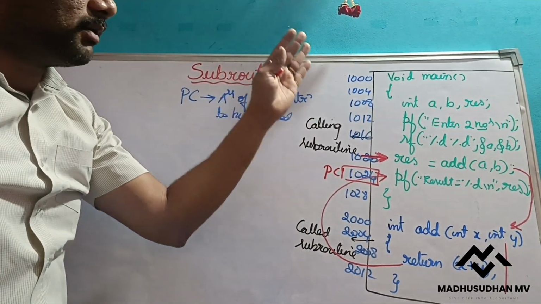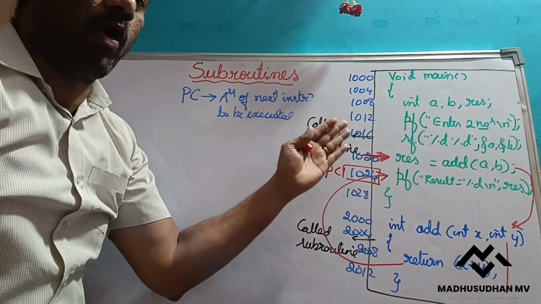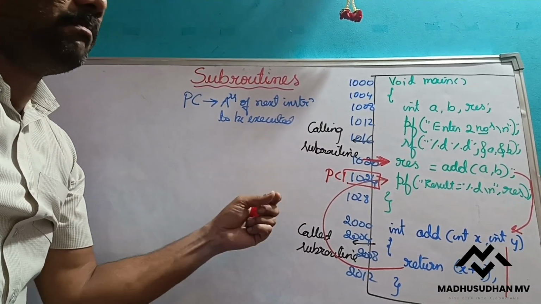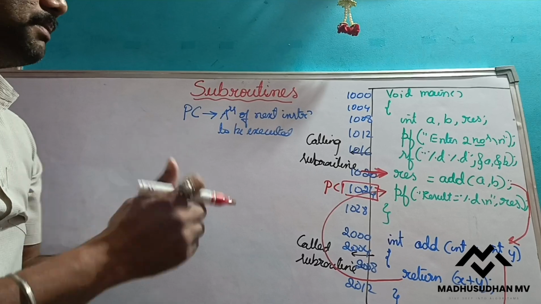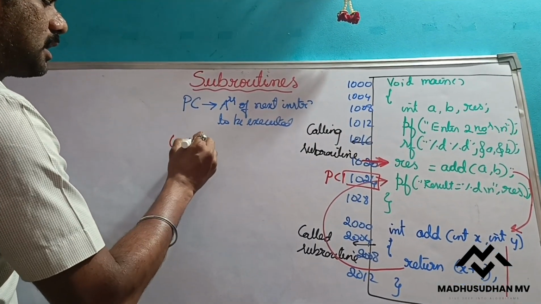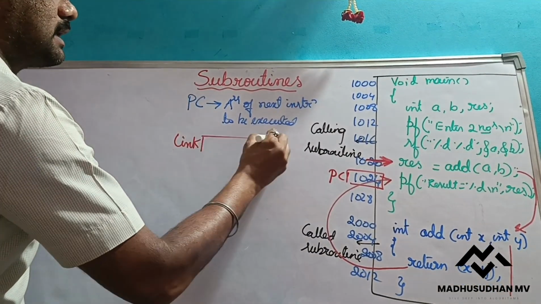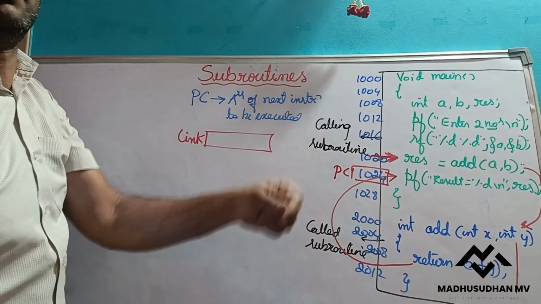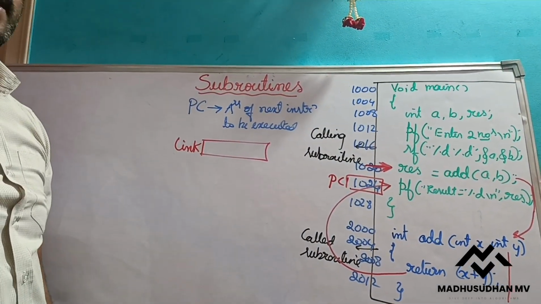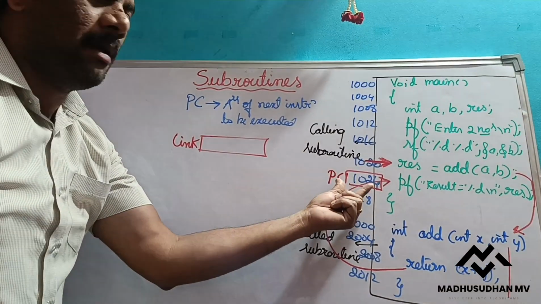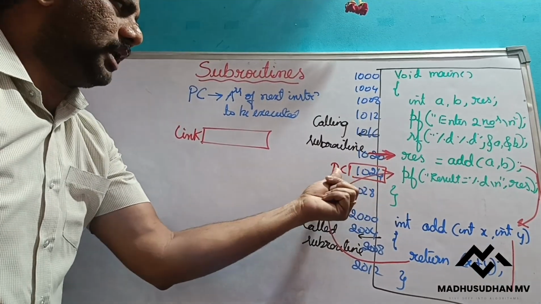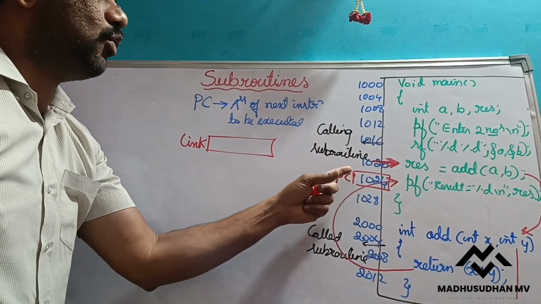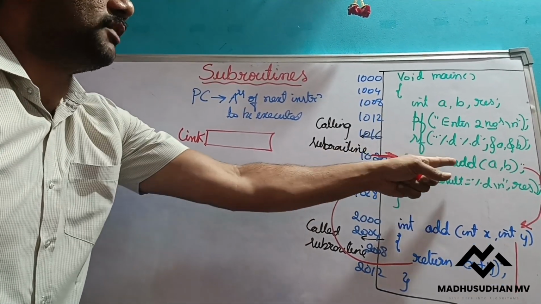Now, whenever a subroutine calls another subroutine, the content of the program counter will be stored in one special purpose register called the link register. Again, this is a special purpose register. It makes a link between the two subroutines, hence the name link. So whatever address is stored in the program counter will be stored in the link register, and then control goes to the specified address.